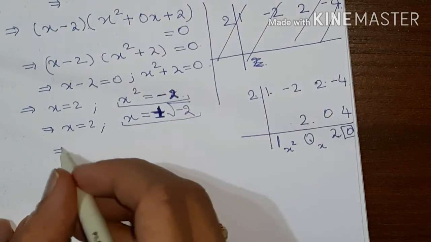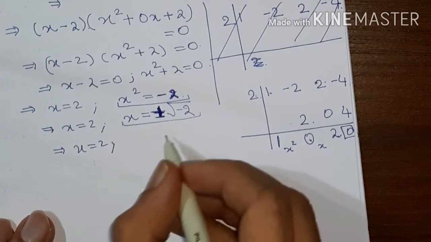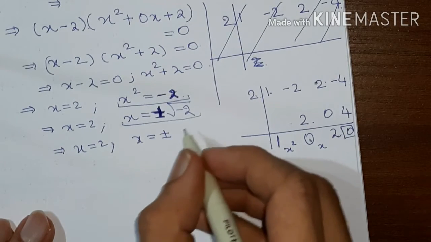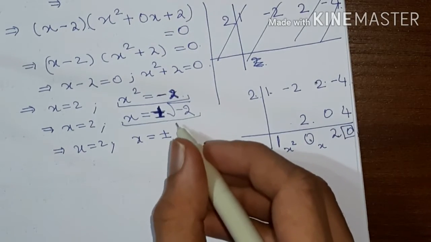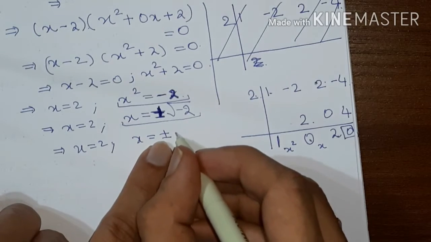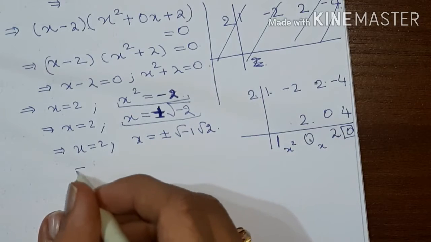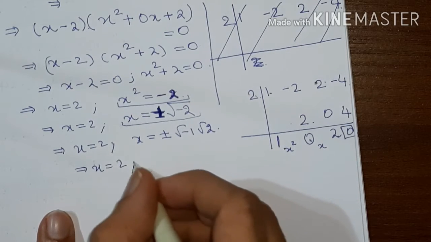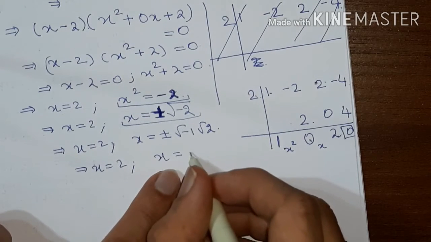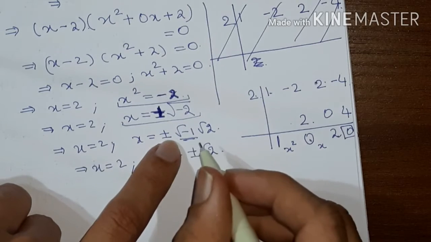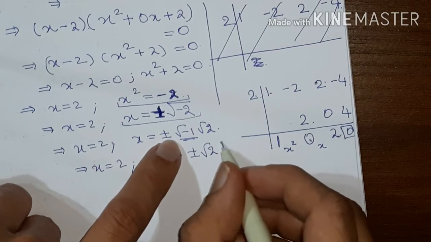So what you get is x equal to 2, and x equal to plus or minus. Now what you have got here is root of minus 1 multiplied by root of 2. So x equal to 2 and x equal to plus or minus root 2 times root of minus 1, which is i.